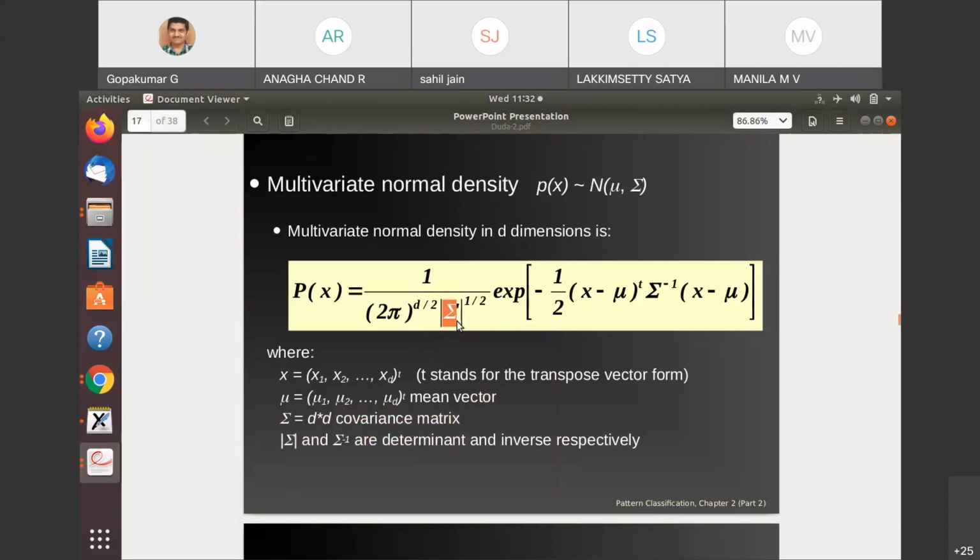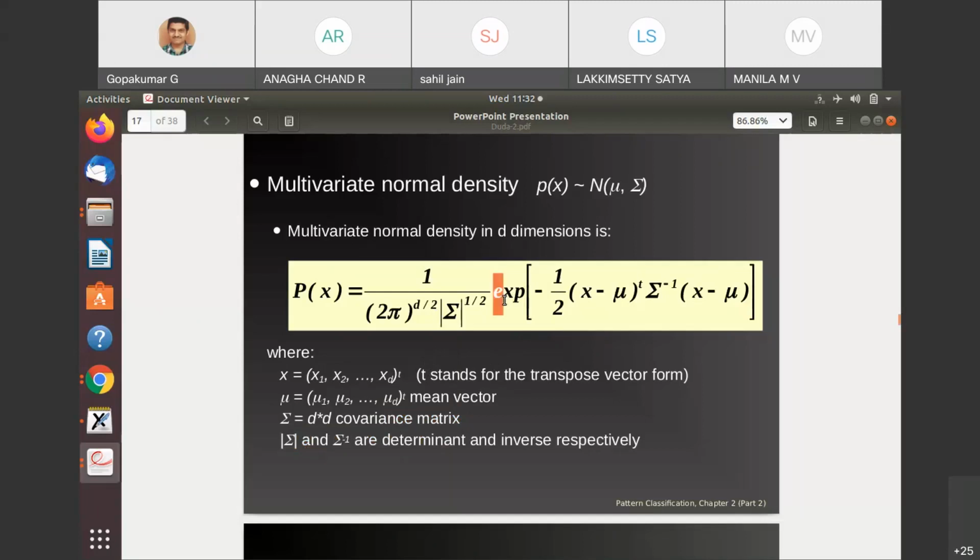Concept-wise this is in the same line as the univariate case. Sigma is a covariance matrix, and modulus of sigma is its determinant, because in linear algebra the modulus of a matrix represents its determinant.